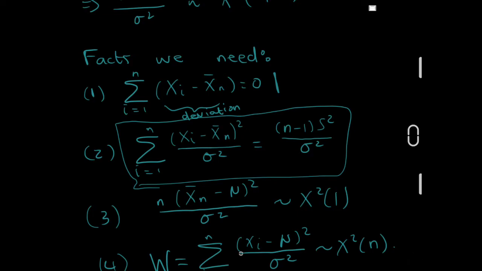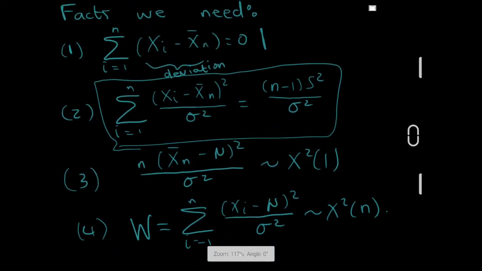And then the last point is this one over here, which is if you take each of your observations, subtract your mean and square that, and then divide by your sigma squared, or your population variance, and you sum all of those up, that will be a chi-squared with n degrees of freedom.